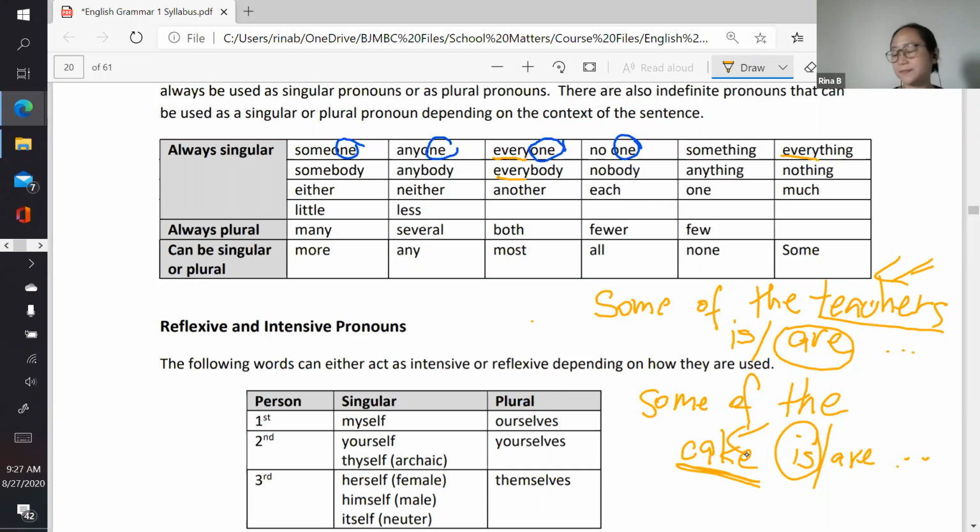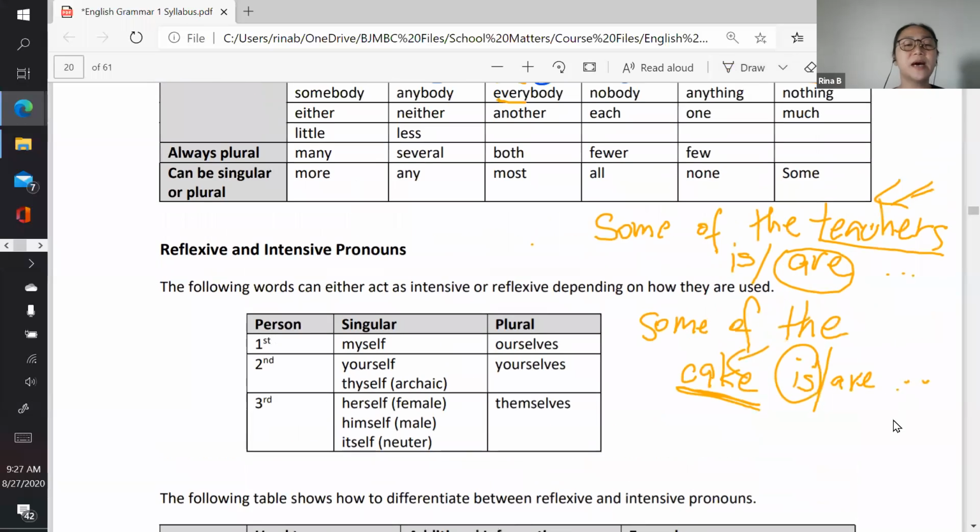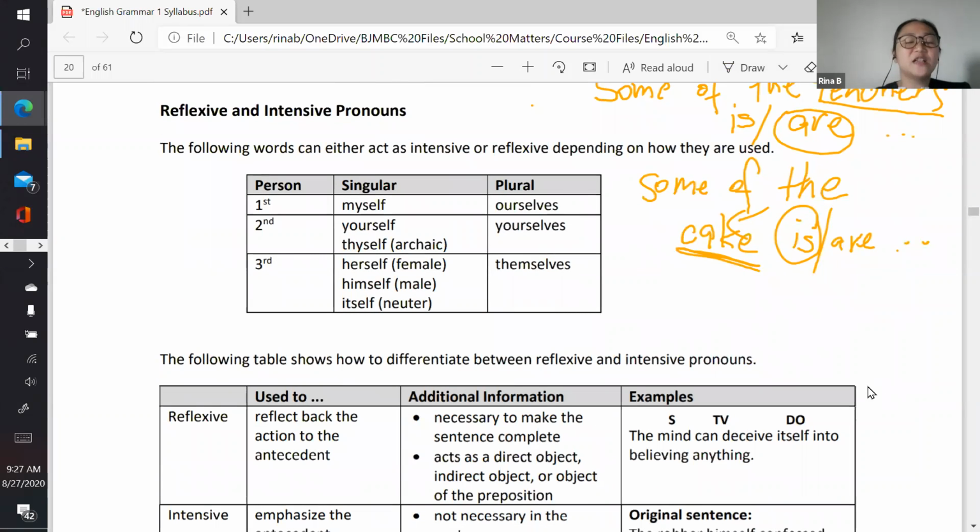All right. Next. And Danielle mentioned this last week, no? The myself type of pronoun. There, the myself, herself, yourself, ourselves, themselves, the pronouns that end with the word self, they can either be considered reflexive pronouns or intensive pronouns.